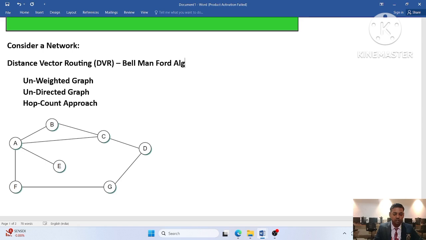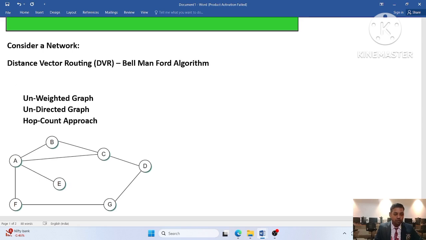This Bellman-Ford algorithm finds the distance between all pairs in a graph. So it is also known as the all-pair shortest path algorithm.